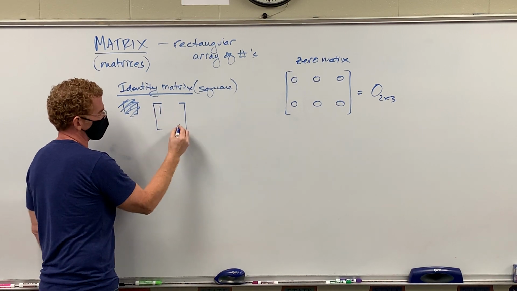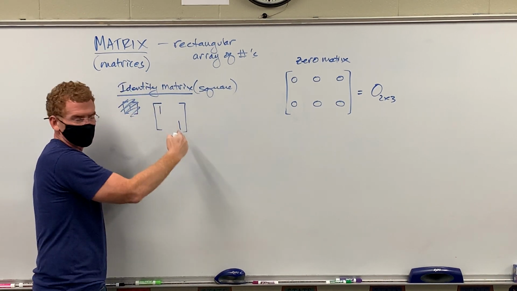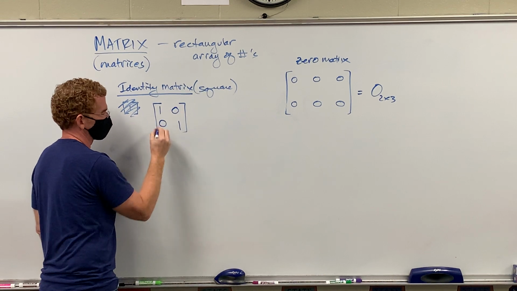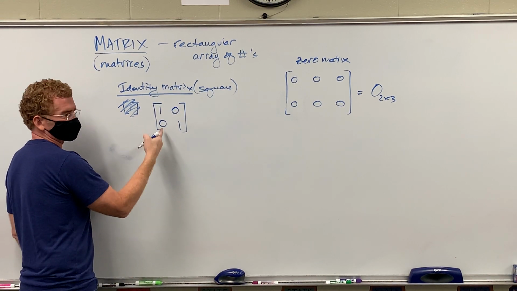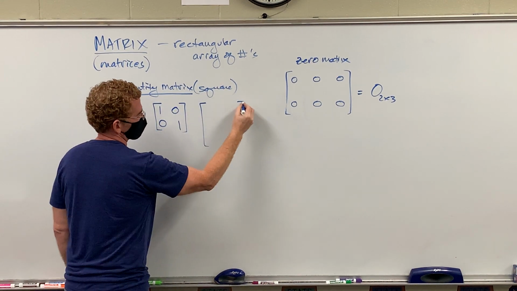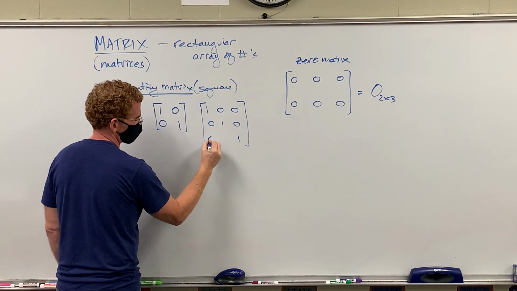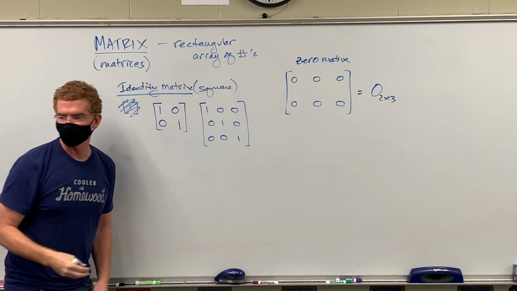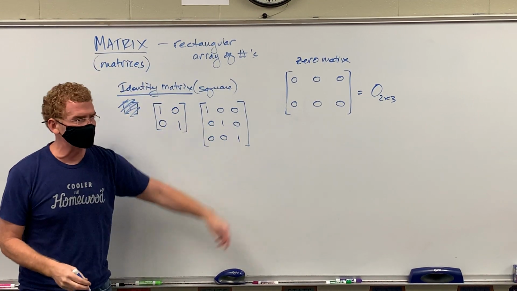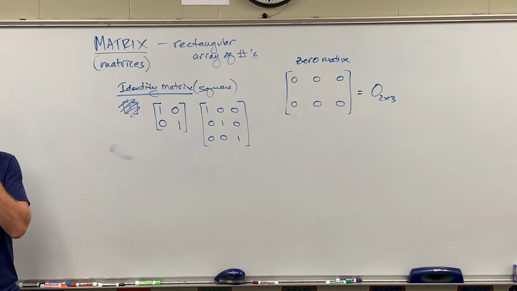It's 1s along this diagonal and 0s everywhere else. So if it's a 2 by 2, it would look like that. If it's a 3 by 3, it would look like this, and so on. But it's always that diagonal going from top left to bottom right. And when we multiply, you'll see why that happens. Once you learn the way we multiply, you'll go, oh, that makes sense.